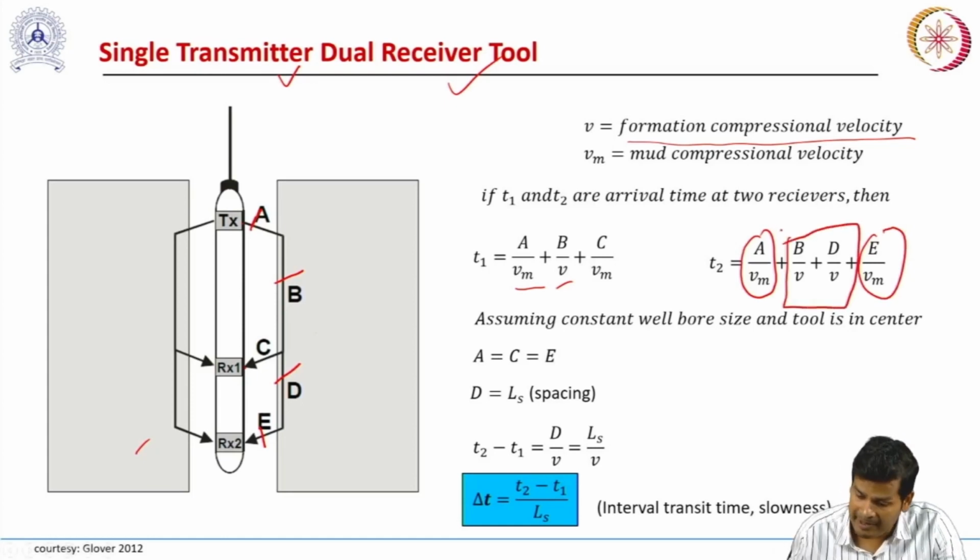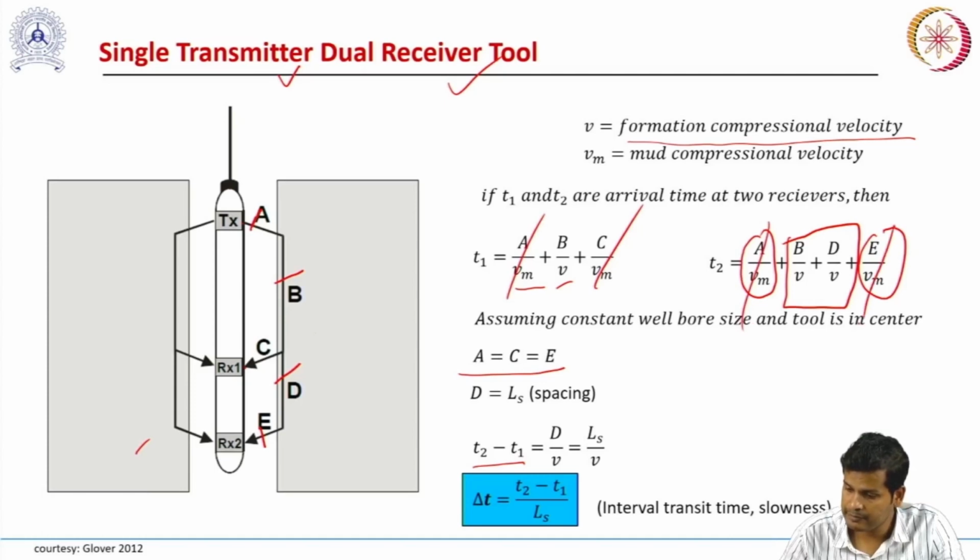Now if we subtract these two, T2 minus T1, and if the tool is at the center of the wellbore, then A must be equal to C must be equal to E. So in T2 minus T1, A and C will be cancelled out from A and E, and B by V will also be cancelled out. It will be D by V.